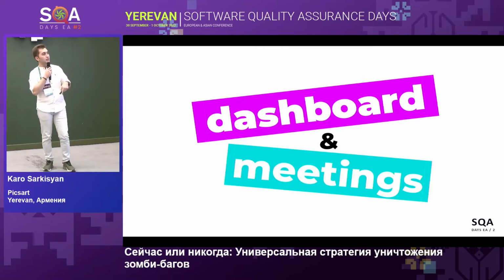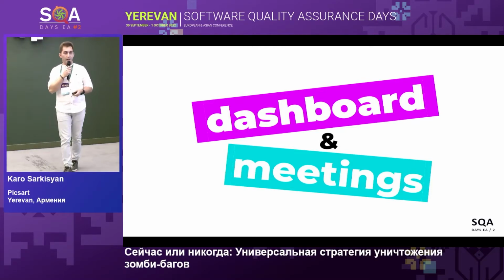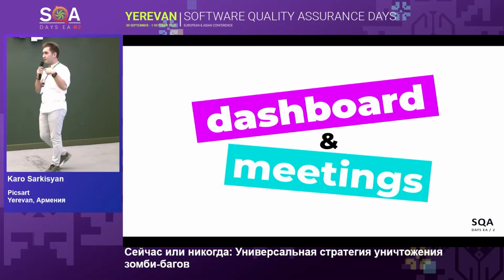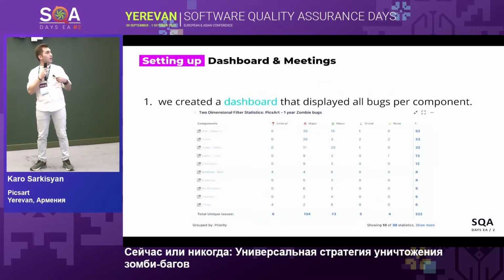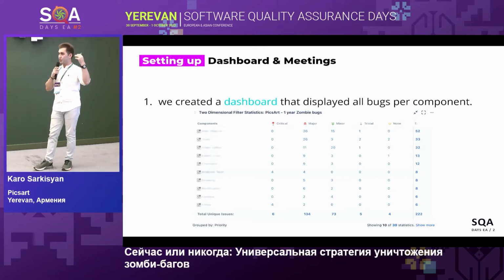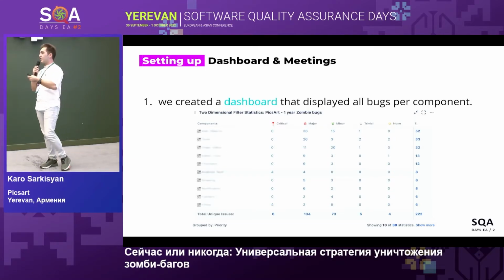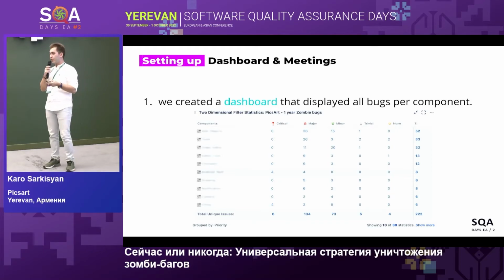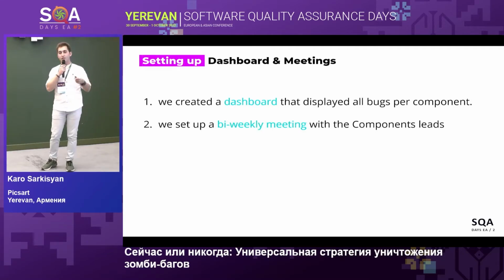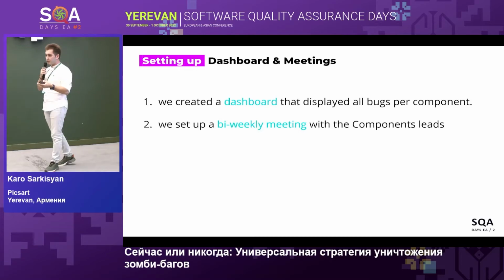We started another strategy after that. We created dashboards and set up a meeting with the component leads that we had already set. As you remember, we had already created groups with old issues for 2 years and 1 year, and we started reviewing the old issues with the component leads. We created a dashboard that displayed the bug amount per component.